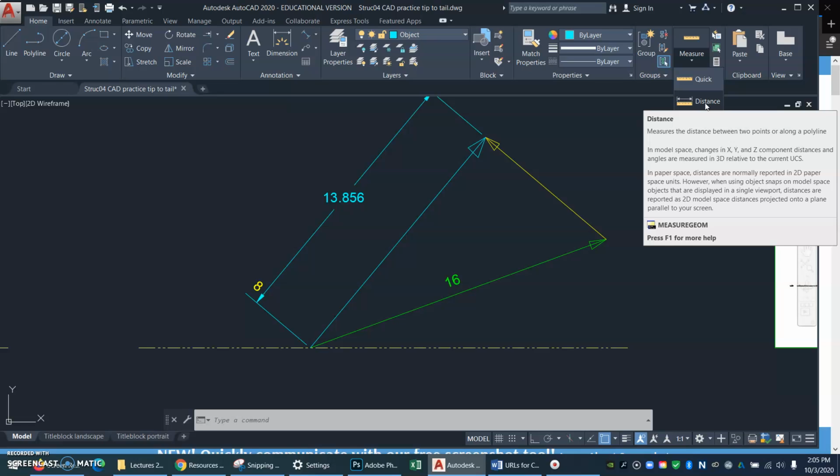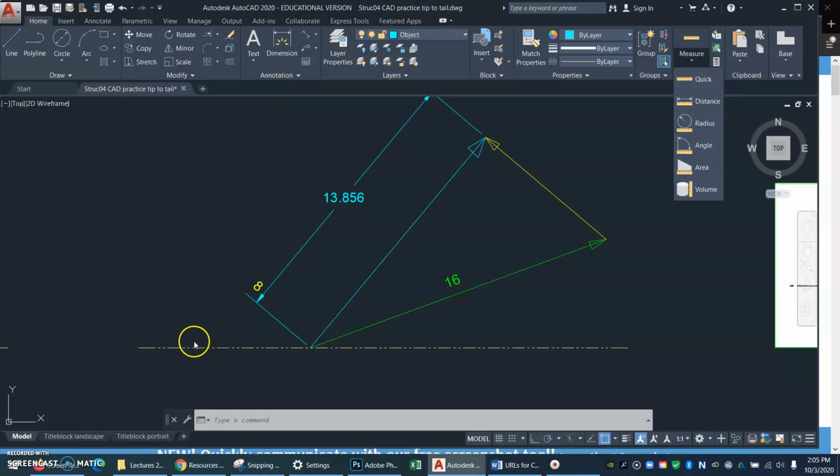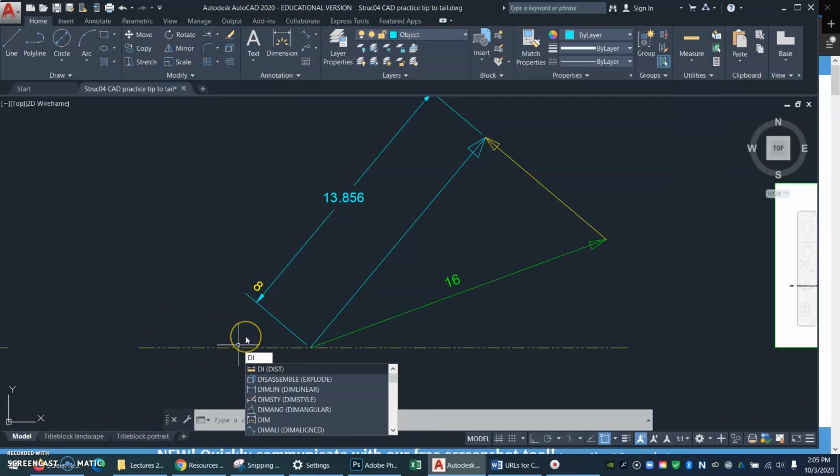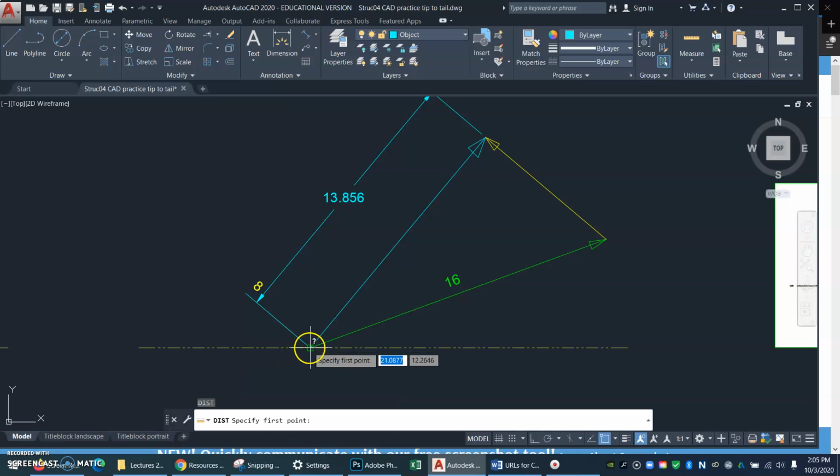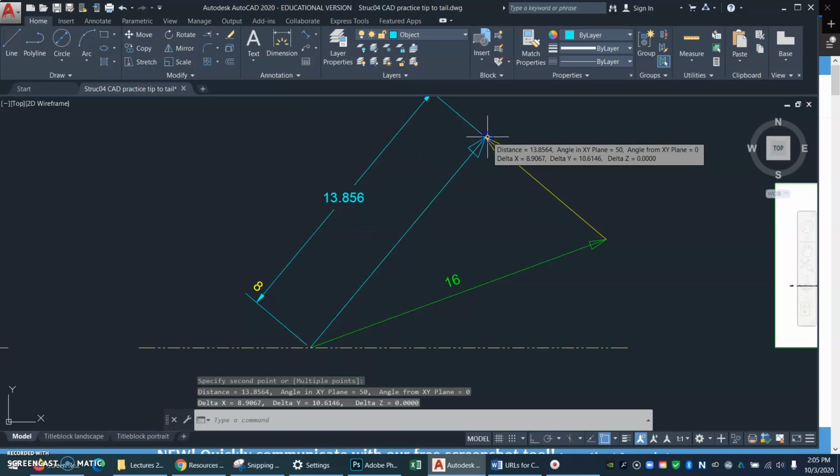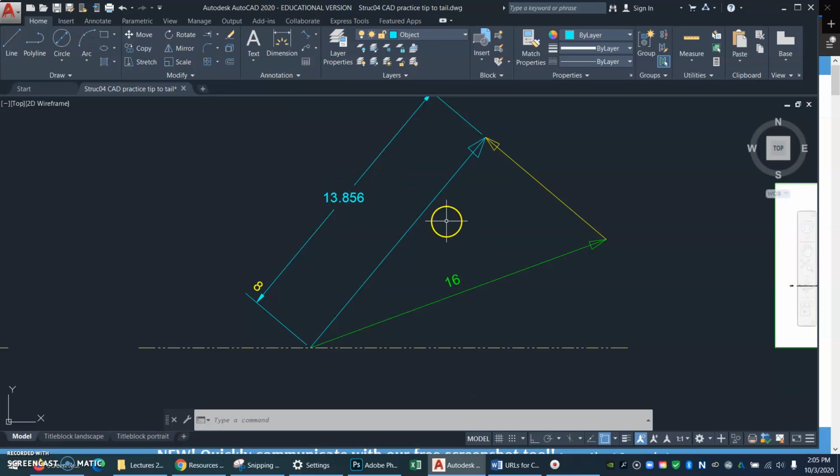But if you type the first two letters, DI, you will get distance. Or you could just click that command line. I'm going to be cool and type DI for distance. Click one endpoint, click the other endpoint, and look, down at the bottom of the screen, it spits out the distance is 13.856. Ha! That's what I got with my dimension, so that's good.